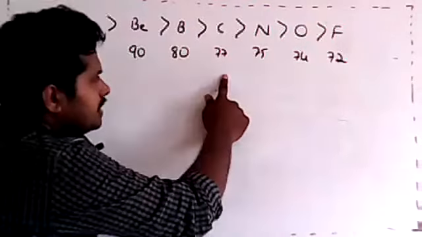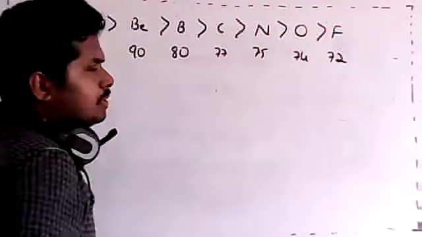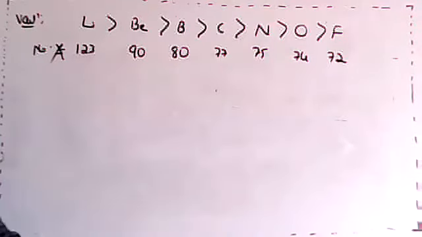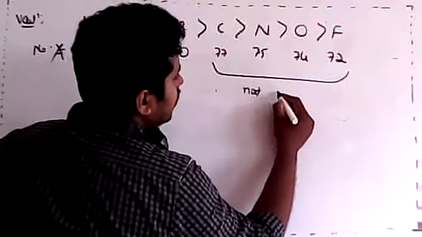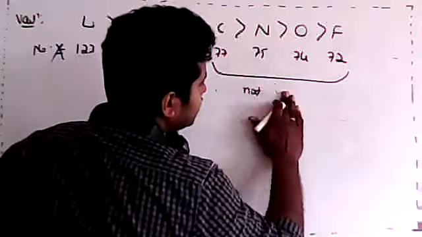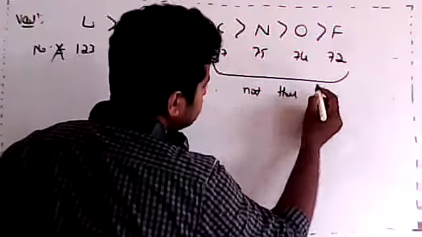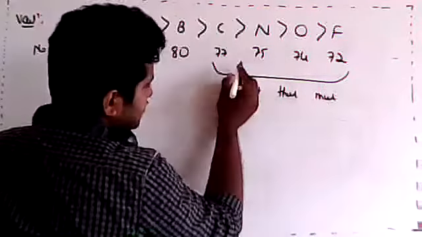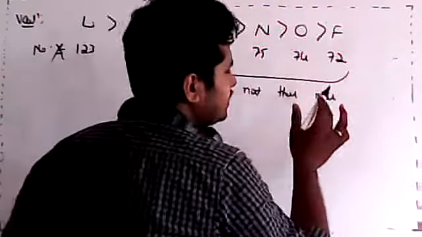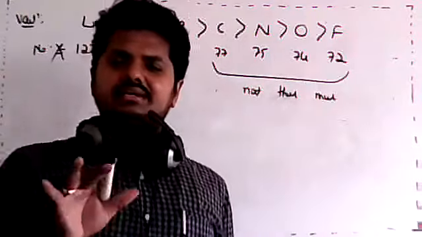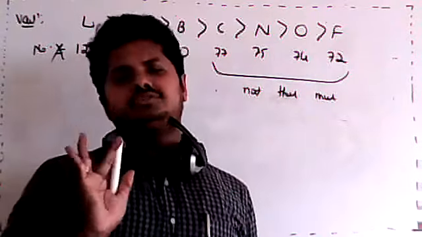From boron to carbon, it decreases. But as you go along, you can see the variation is not that much. From 77 to 75, 75 to 74, 74 to 70, like that. The decrease is there, but it is not that much.